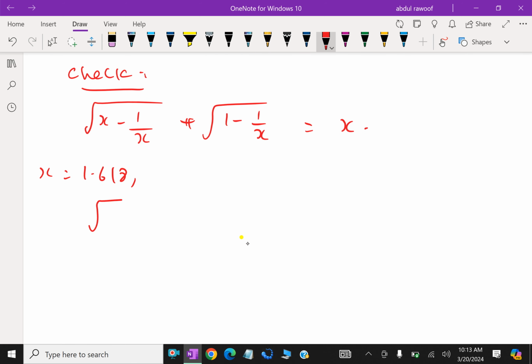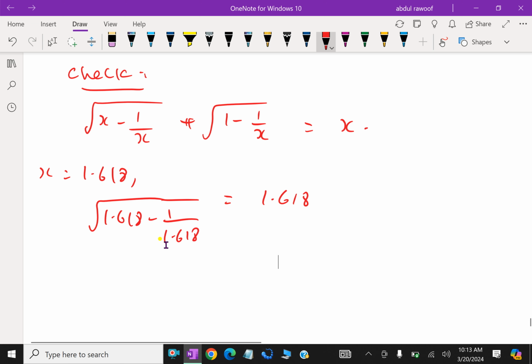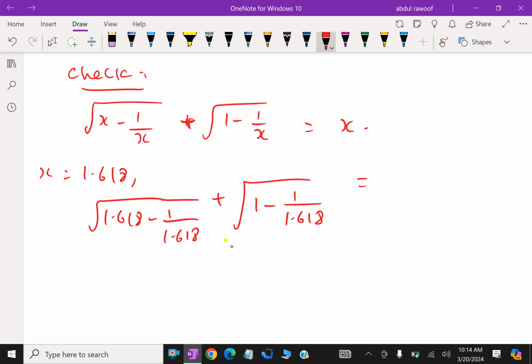Then square root of 1.618 minus 1 over 1.618, plus square root of 1 minus 1 over 1.618. It should be 1.618. We'll check it.